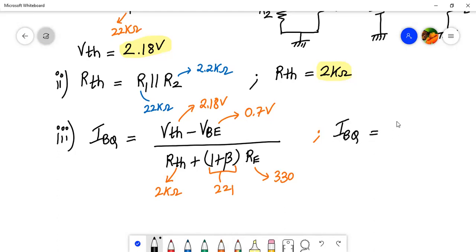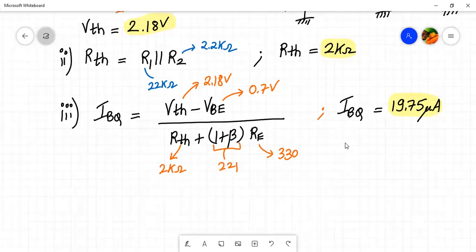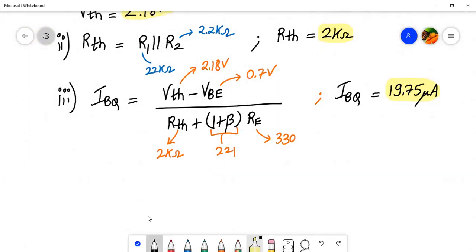So if you substitute all the values in your calculator, your value of IBQ will be coming out to be, what was the value? 19.75 microamperes. Okay. And now it's pretty easy to calculate the value of ICQ. So ICQ will be beta times IBQ, right?